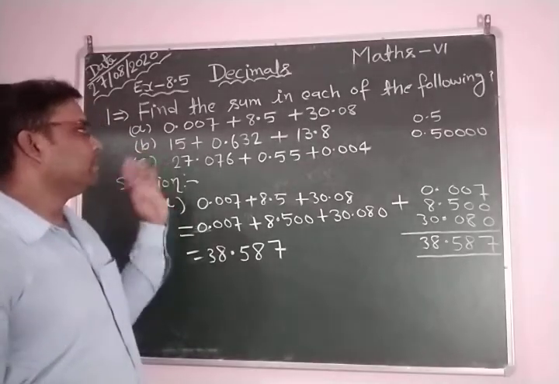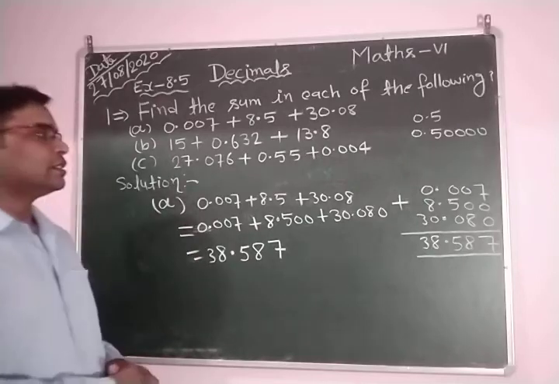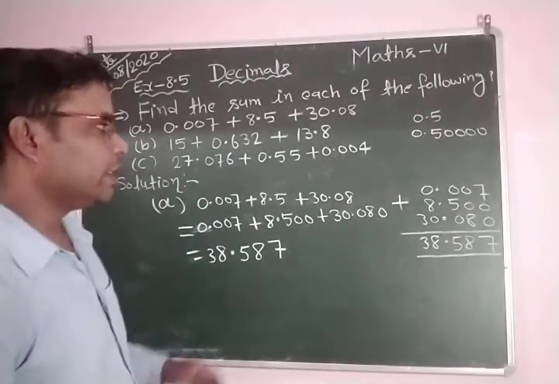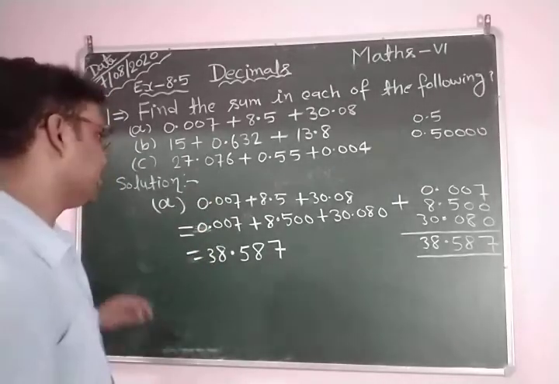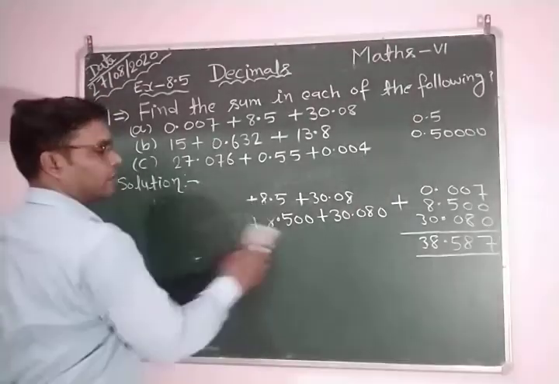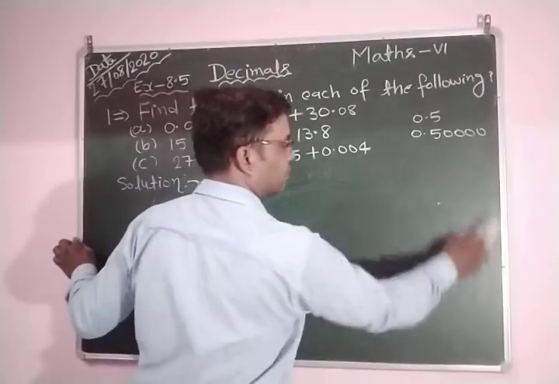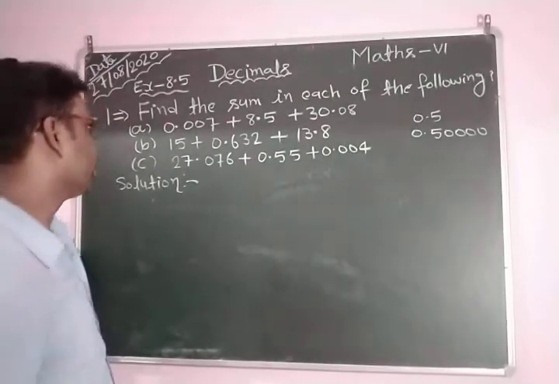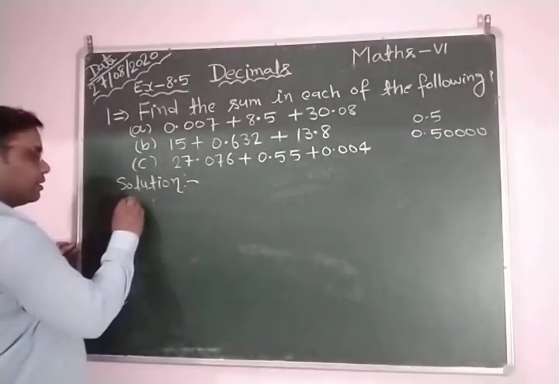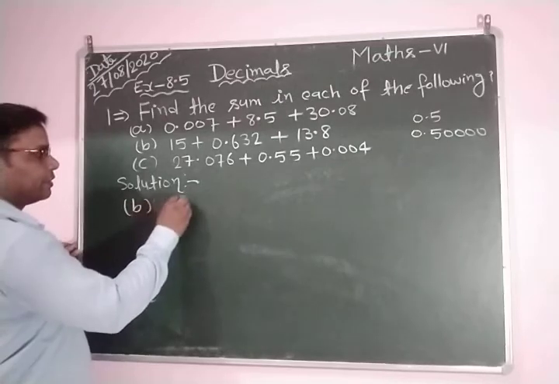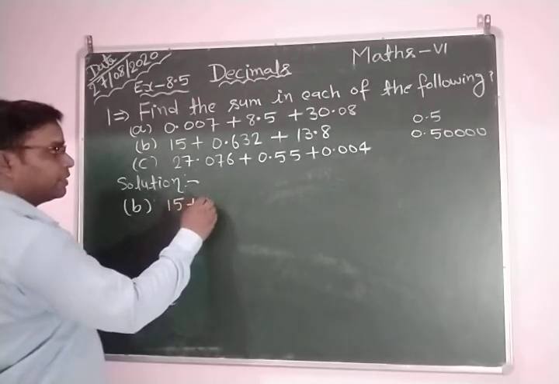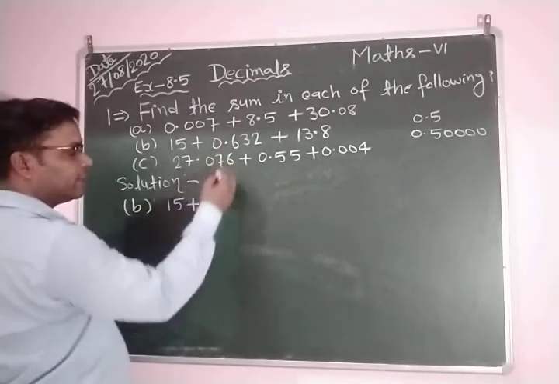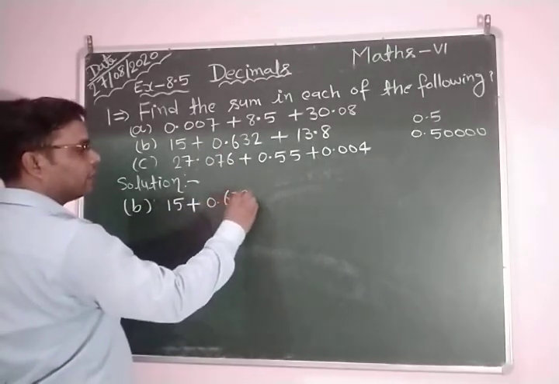Now this is part B. Part B is 15 plus 0.632 plus 13.8. Okay, so let's see how to add them. First, here you can see part B is given: 15 plus 0.632.